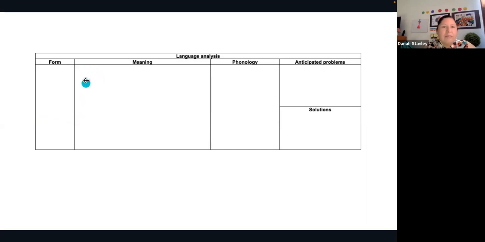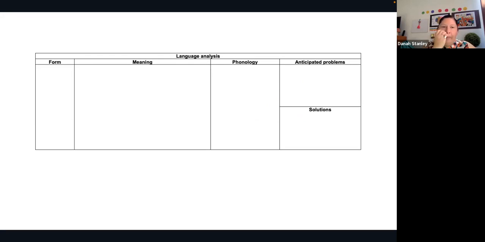Meaning, talk about or describe timetables. The vocabulary with all the phonologies and the phonemic characteristics, the anticipated problems and solutions.